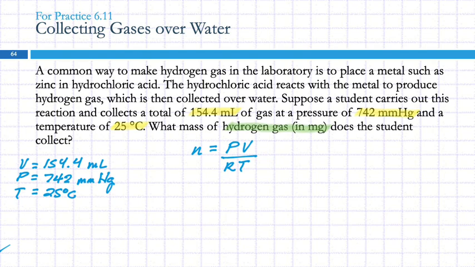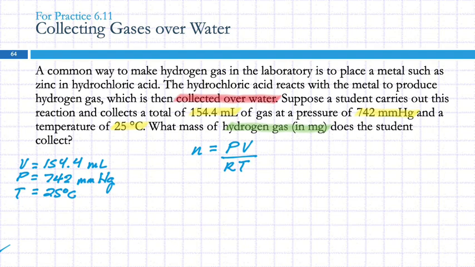So there's problems like this on the chapter 6 worksheet, and students get them wrong a lot. There's 3 words that are very important in here. Collected over water. The previous problem, now I'm seeing why this problem's in here.